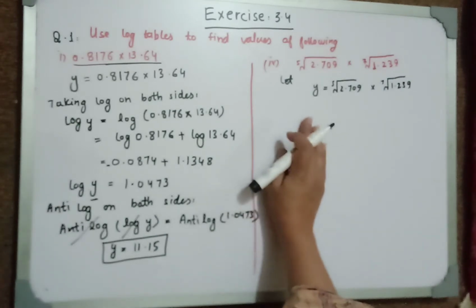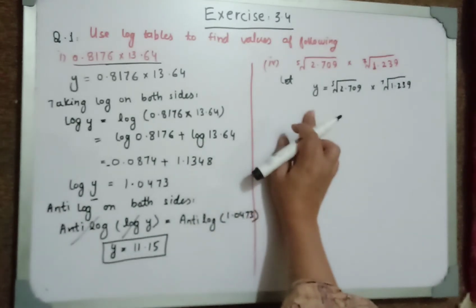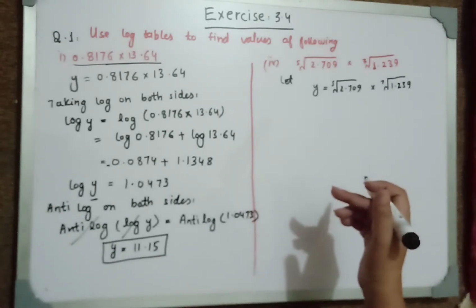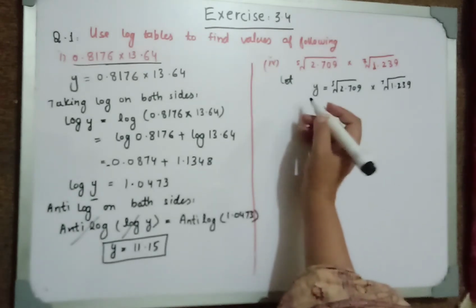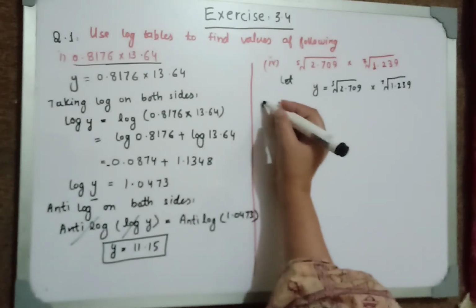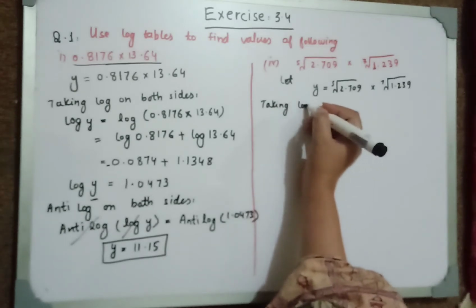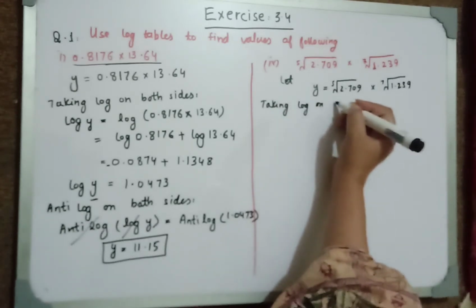Now second step will be same, again we will take log on both sides, because according to the question requirement we have to find the value using the log table. So we will take log on both sides.